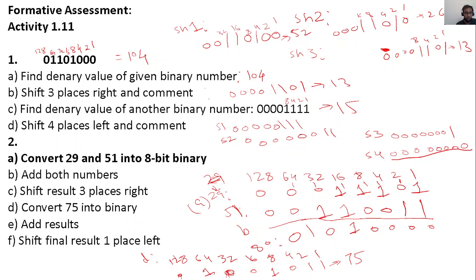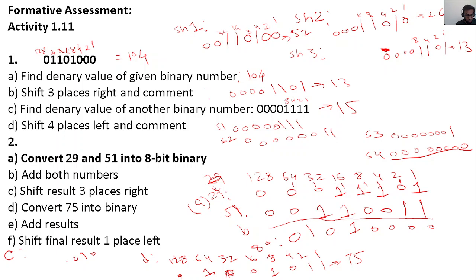Okay, we haven't done part C. Let's do part C. In part C, we have to shift the number 80 three places right. If we do this, these 3 bits will vanish, and we will be left with 0 1 0.